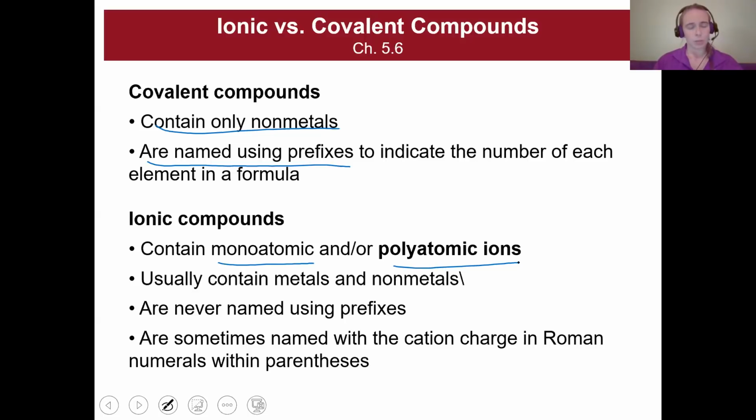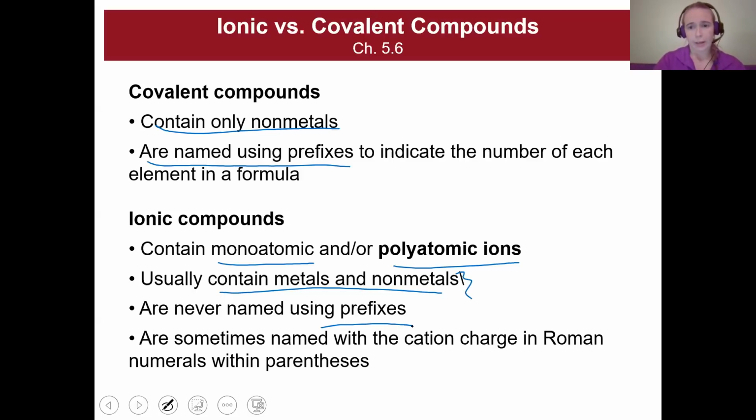We didn't get into polyatomic ions yet, but you'll hear about them soon. And ionic compounds usually contain metals and nonmetals. So like a metal bonded with a nonmetal, that's a binary ionic compound, but you could have multiples. You don't need one of each. They aren't named using the prefixes.